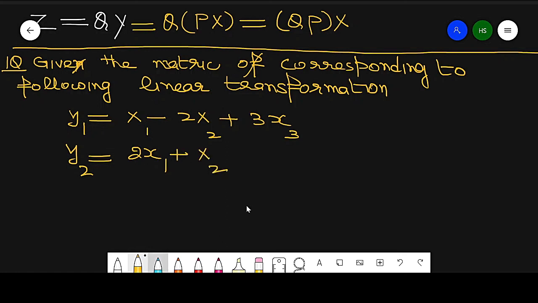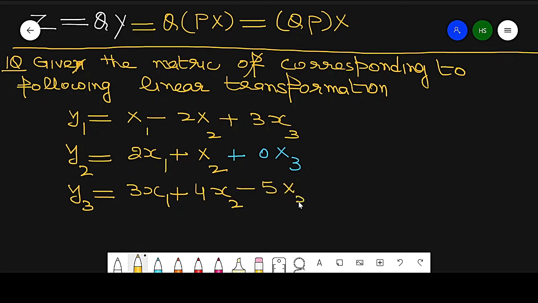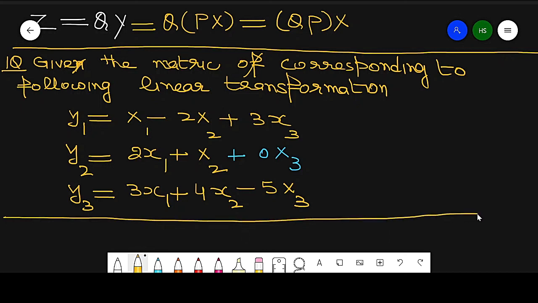Third term is not given, so I write it as 0x3. And next is y3 which is equal to 3x1 plus 4x2 and then minus 5x3. So this is the given linear transformation, right?